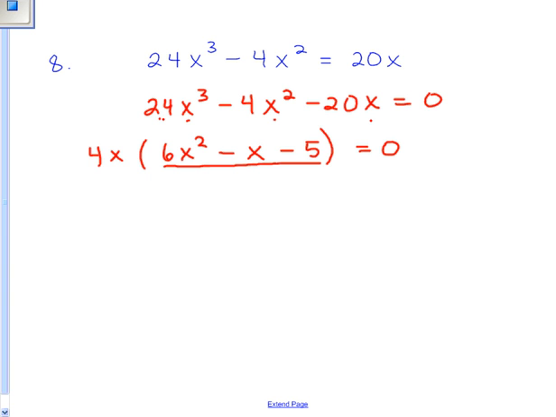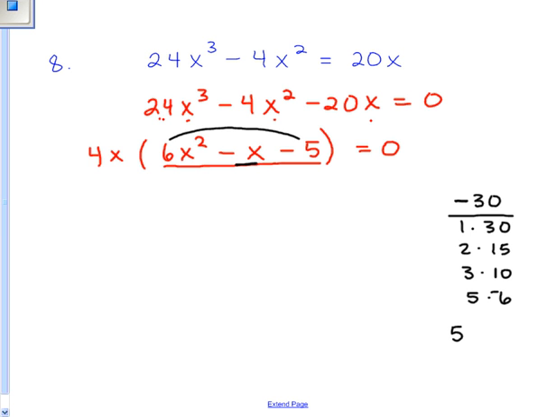So I would multiply 6 times negative 5, which is negative 30. Make a list of all the factors of 30. And what are we looking for? Because it's a negative, we're looking for which two numbers will subtract to be negative 1, which will be a positive 5 and a negative 6.